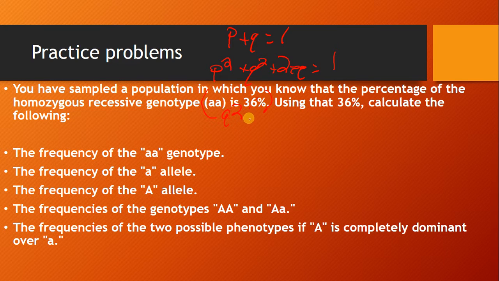If we know that Q squared is 36%, what is Q? Q is going to equal the square root of Q squared. If Q squared equals 0.36, then Q is equal to 0.6.